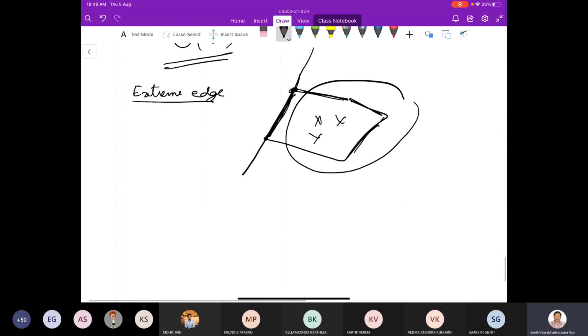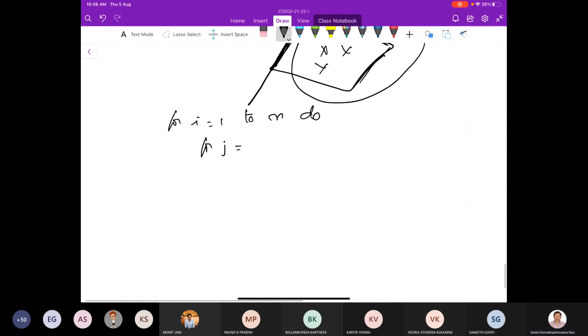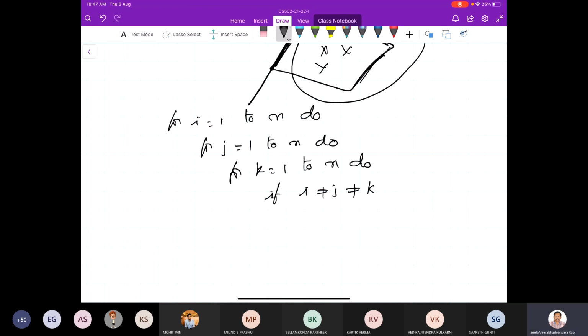So basically, for i equal to 1 to n, and for j equal to 1 to n, we are checking i not equal to j not equal to k, and we are checking that all the points are on one side.